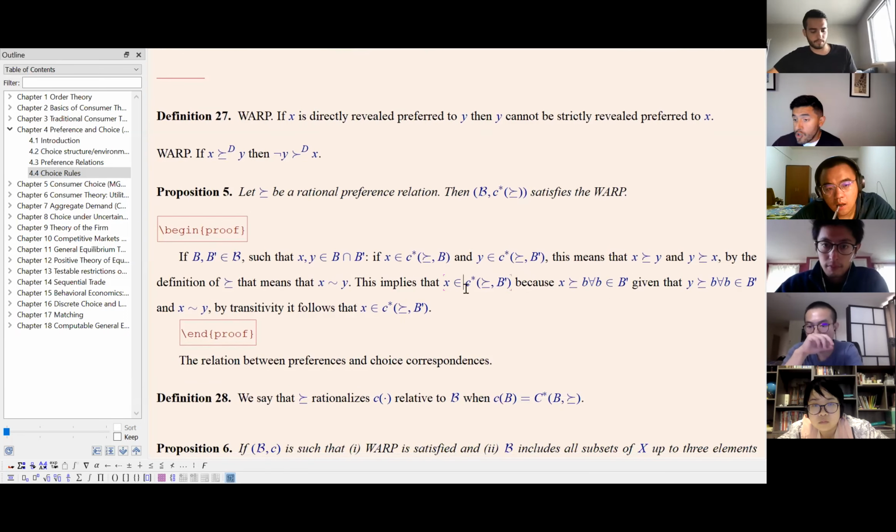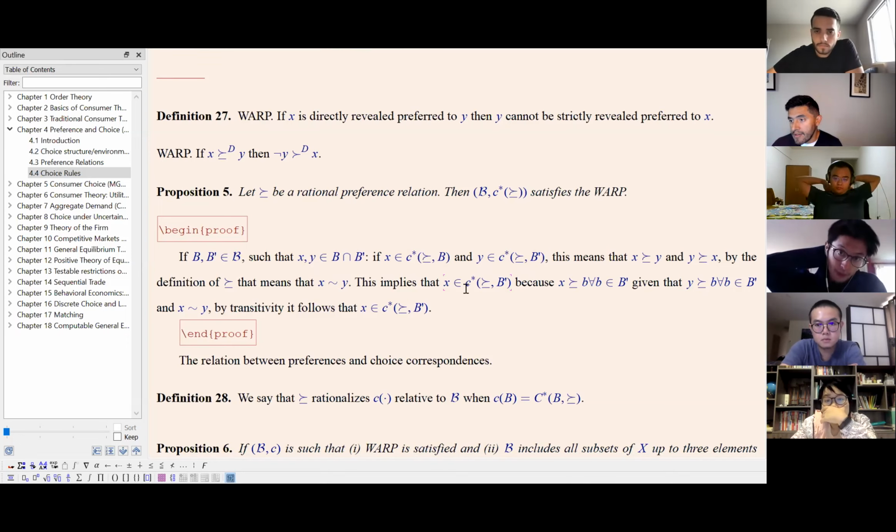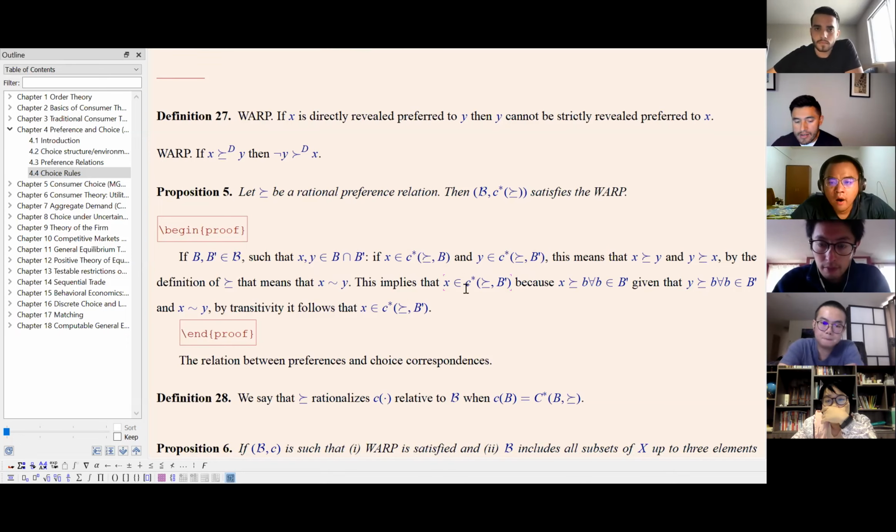Now, let's go to the second menu. The statement in the second menu is that imagine Y was there. So if Y is there, then WARP requires that X is also there. So the only thing I have to check is that X is in there.